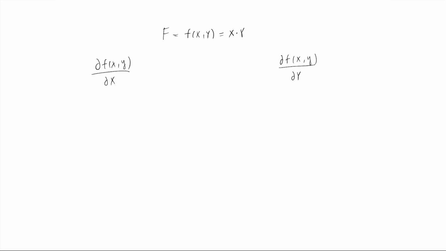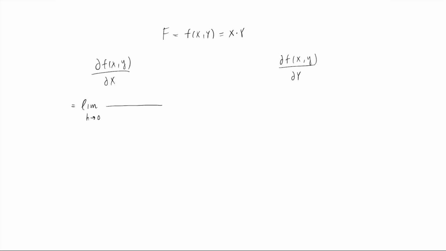So let's start computing them. I will start with the first partial derivative, delta f of x and y over delta x. And this is equal to a limit. And I will not use delta x as an infinitesimal. I will introduce a regular variable like h and say, okay, let's see what happens when h approaches 0. And what is the expression here?